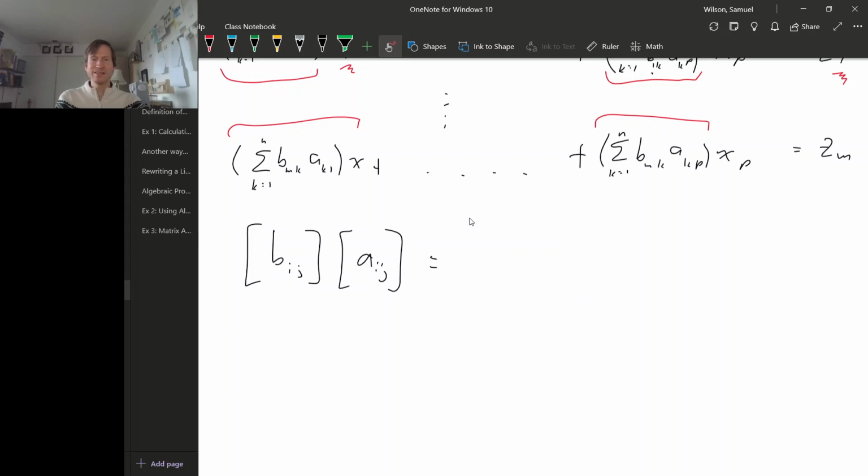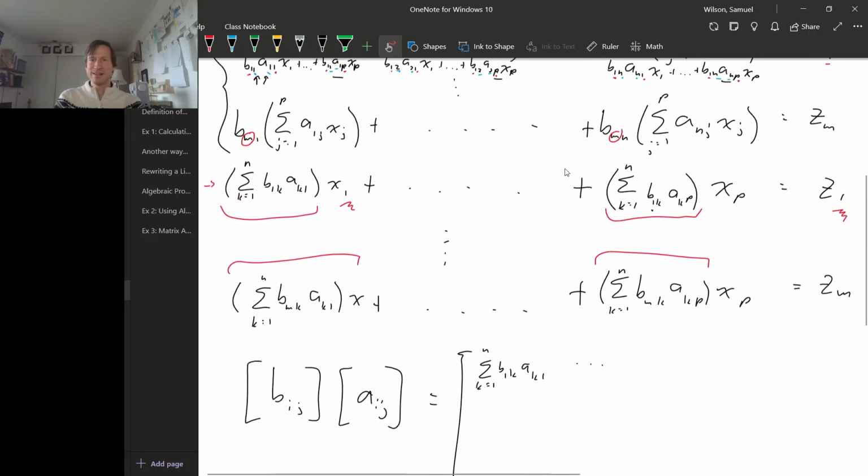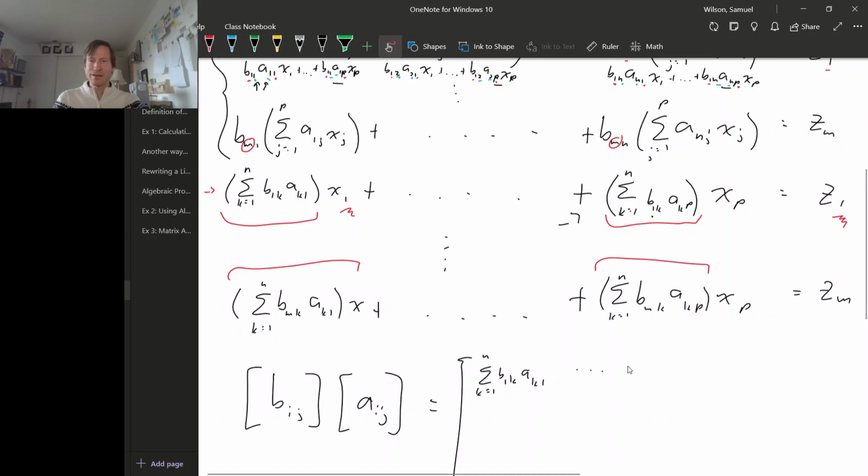And what this gives us is the sum from k equals 1 to n of b 1k a k1, up to, and then this position here, the sum from k equals 1 to n of b 1k a kp. So that's the end of that row.